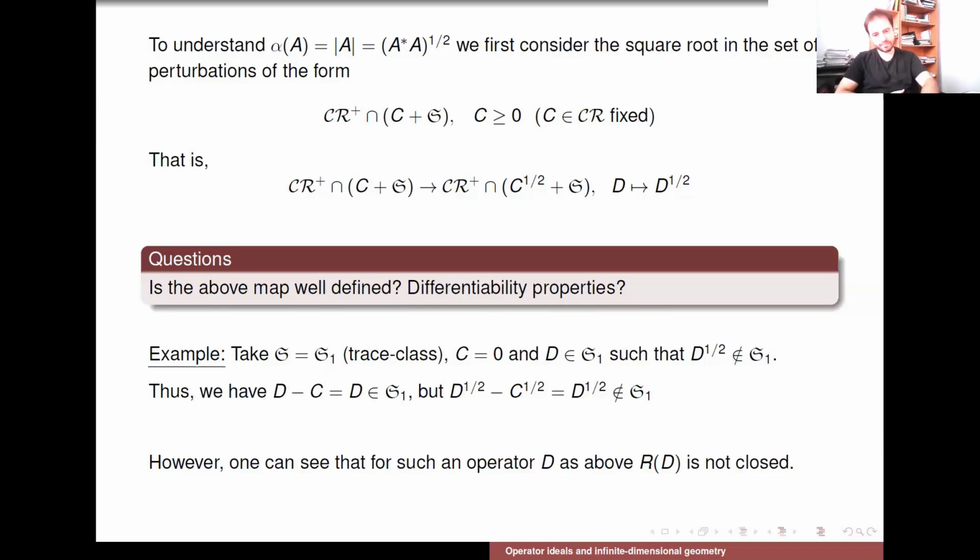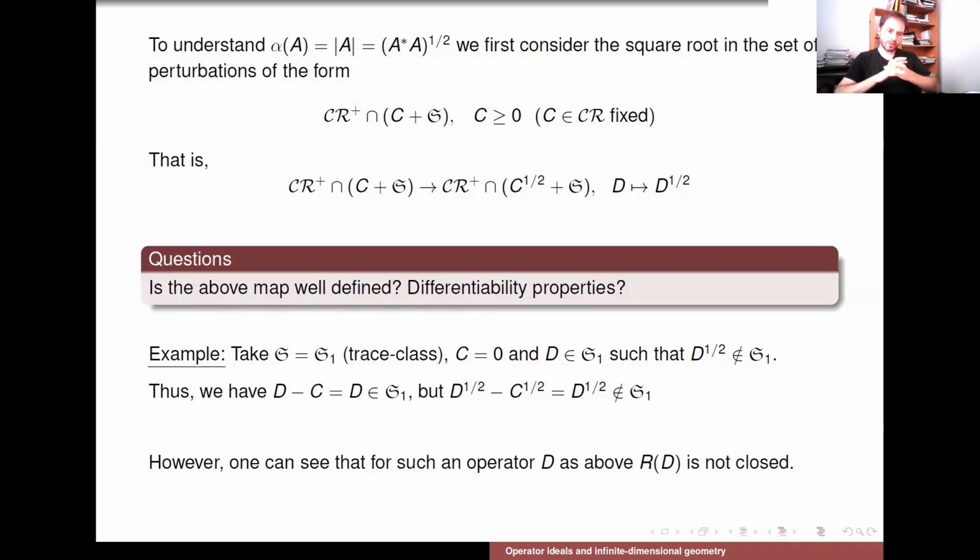But this example is not exactly our situation, because if we want to construct such an operator, we will need to have infinite singular values.